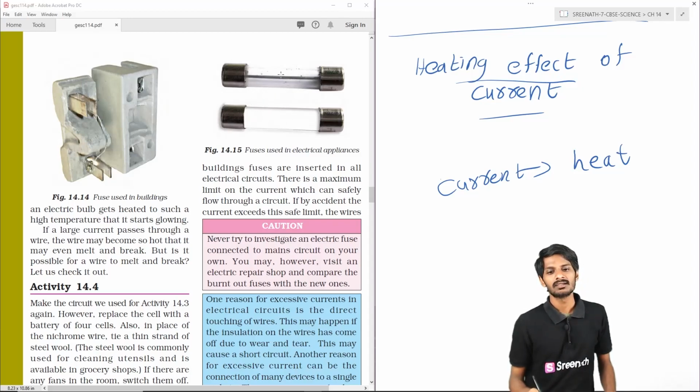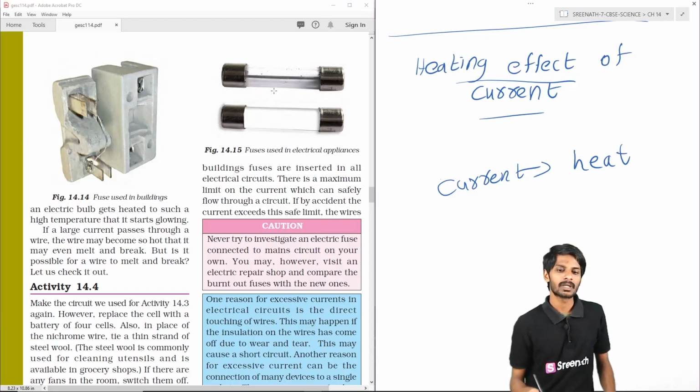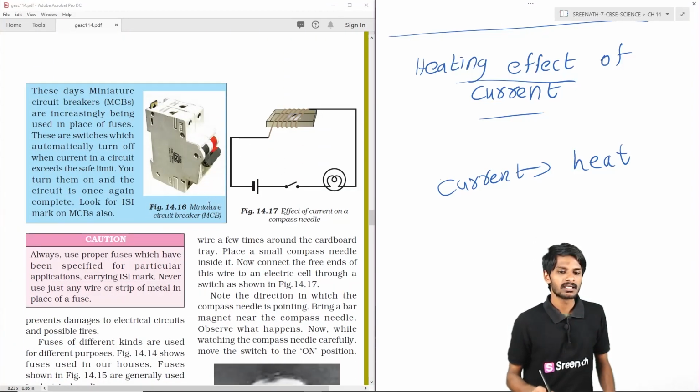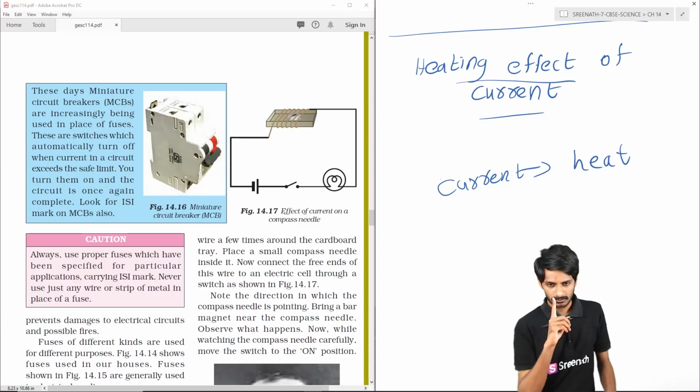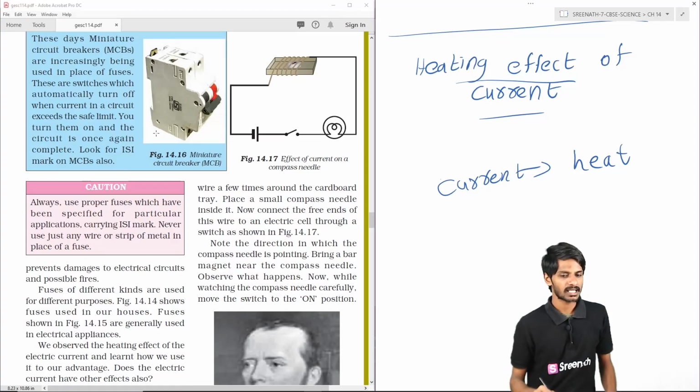They heat up and break if high current comes. Nowadays miniature circuit breakers, or MCBs, are used. These are advanced technology.